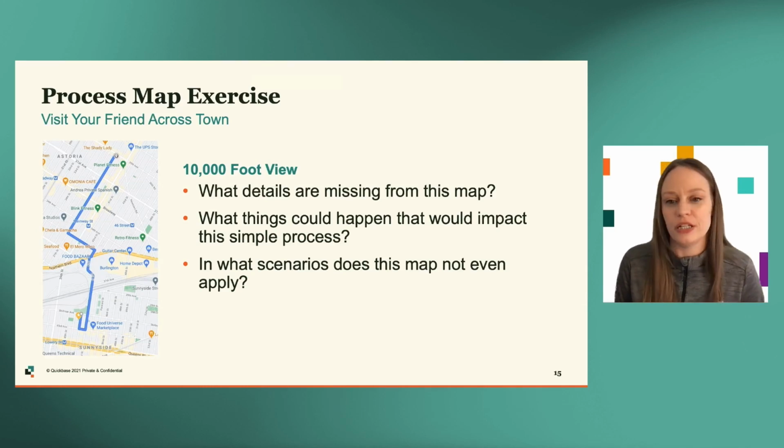It starts here and it ends here. That is great, but it really misses all the details that you're going to need when you start building in Quickbase. So let's kind of take a look at this. And I'd love for everybody in the chat window to just answer some of these questions and think about what's missing when we just have a very general view or a general process map.